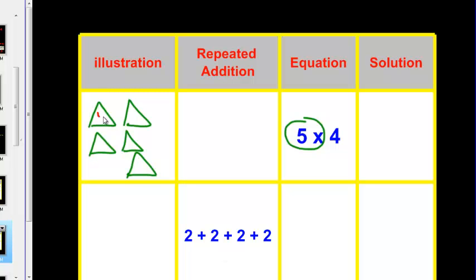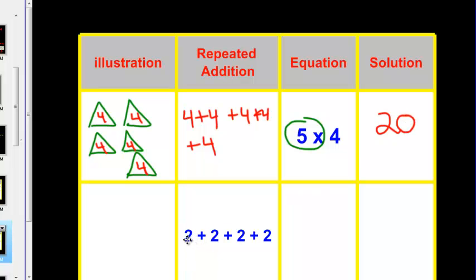I'm just going to write the number 4 instead of drawing 4 dots. I'm allowed to do that. So look, I got 4 here, and my repeated addition is going to be 4 plus 4 plus 4 plus 4 plus 4 more. Count them all together, the solution is going to be 20.